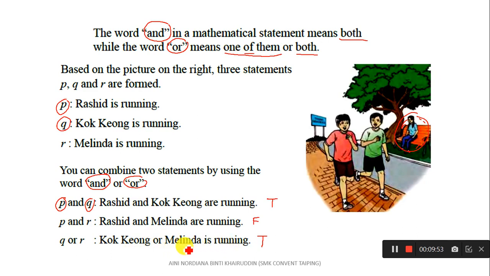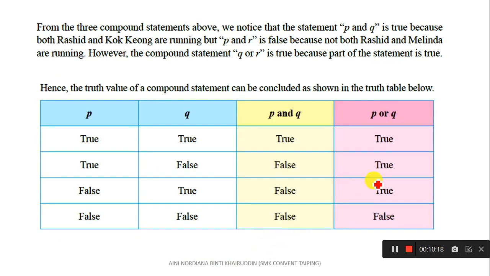Even though "Melinda is running" is not true, the word "or" here means one of them or both, so this compound statement becomes a true statement because one of them is true. I hope you really understand this. You can also look at this table.